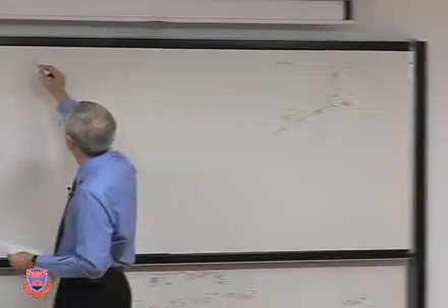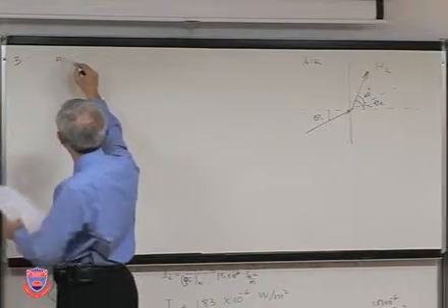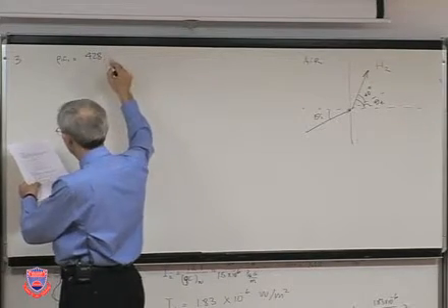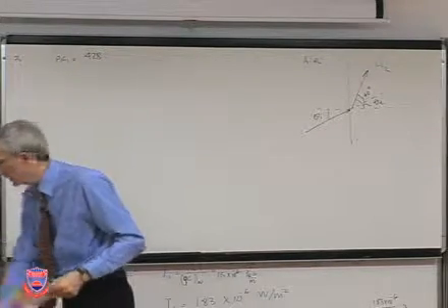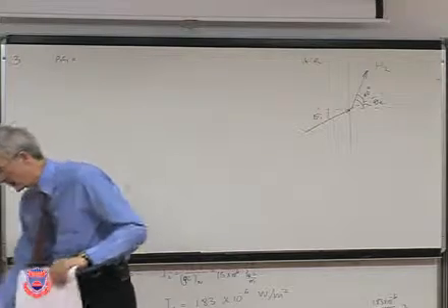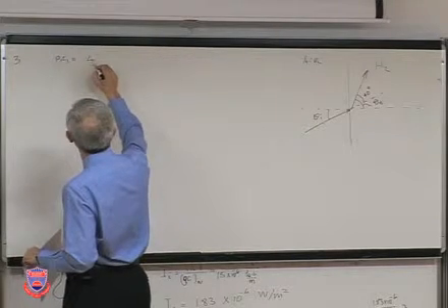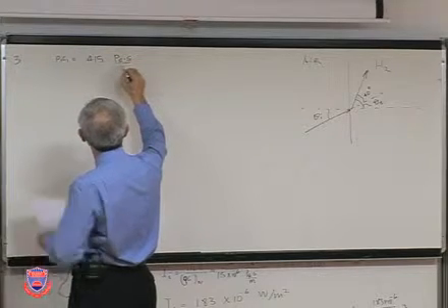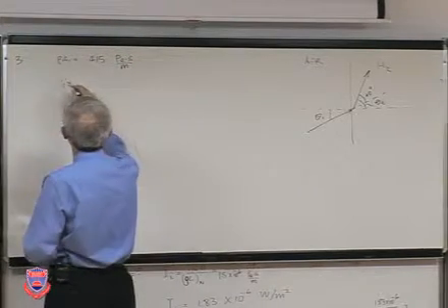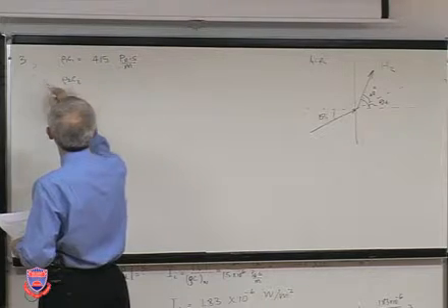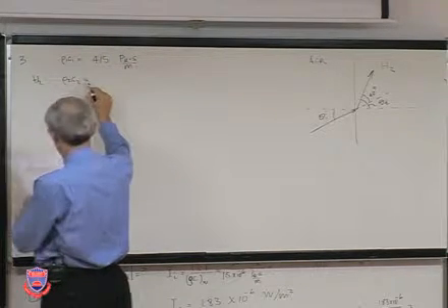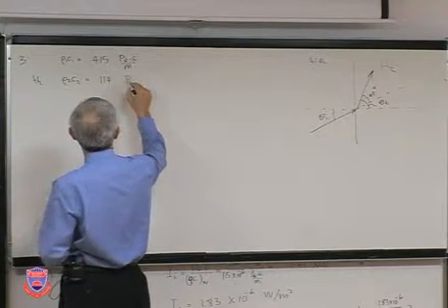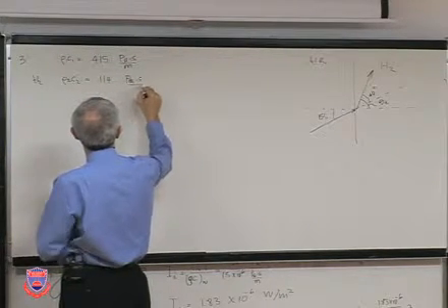So once again, for air, it should be really 415. Let's just use a standard value. But for hydrogen, the specific acoustic impedance is 114 Pascal.